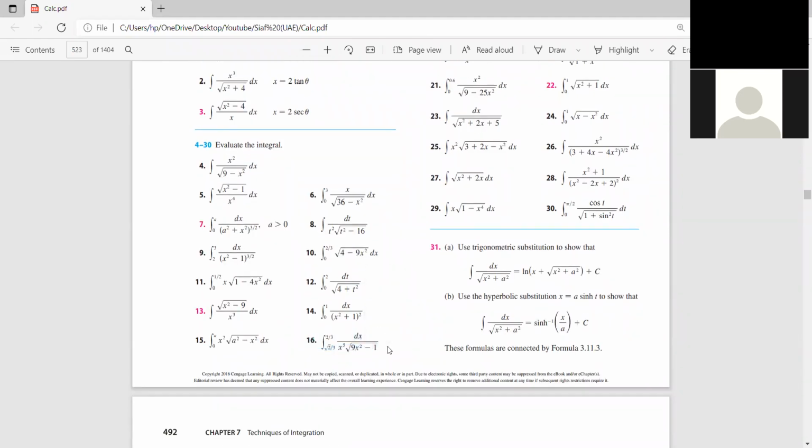So it's the integration from square root 2 over 3 to 2 by 3 of dx over x to the power 5 times the square root of 9x squared minus 1.